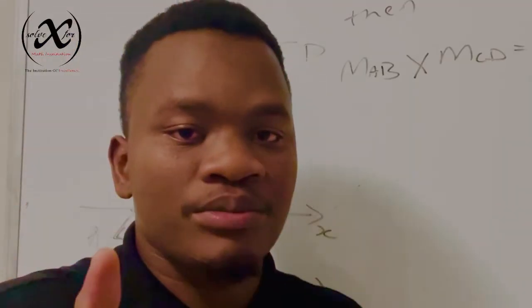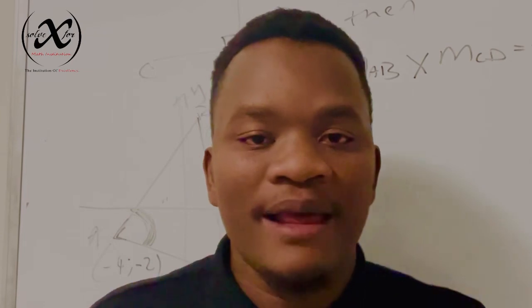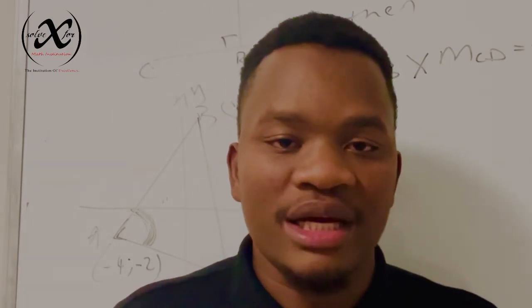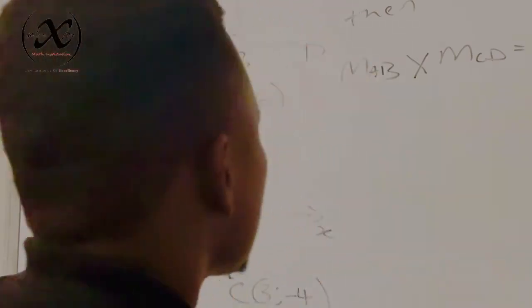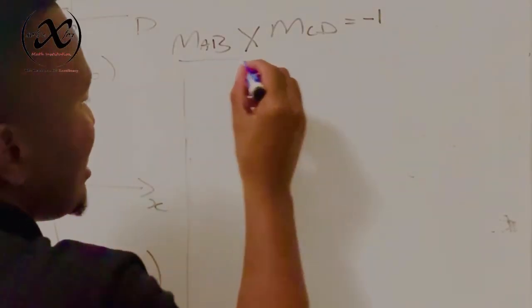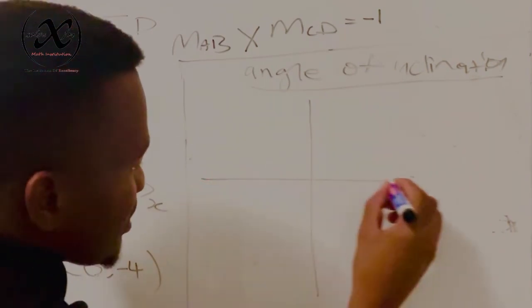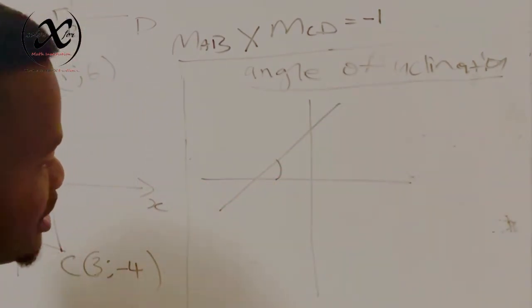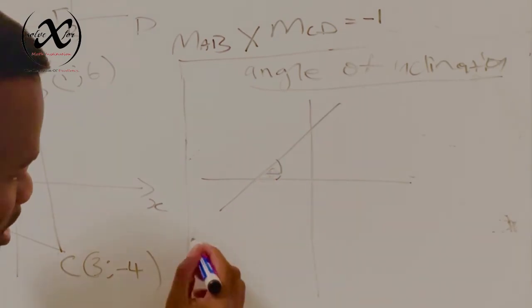So let's do a quick recap. Parallel lines, their gradients are equal, and for perpendicular lines, the product of their gradients gives you -1. Now the last case, and then we are going to close this video: angle of inclination. Normally you get it like this, maybe here being theta. How do you get it?